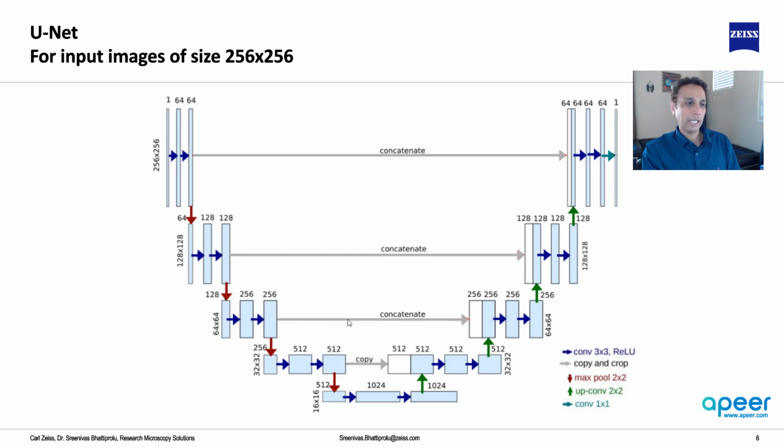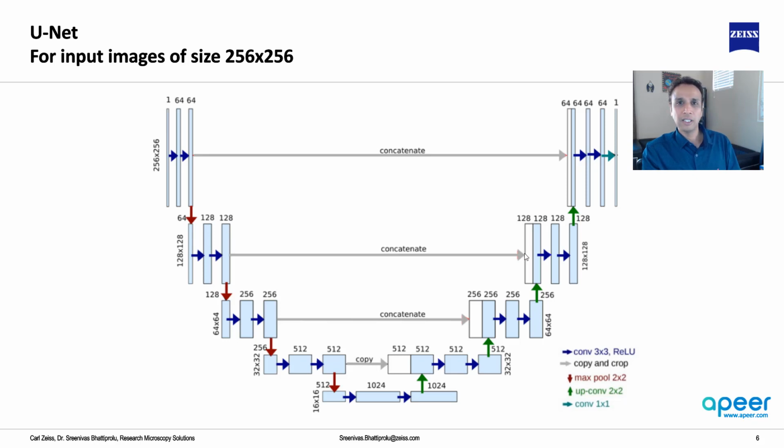Now, where does the concatenation come into the picture? Let's look at this because it's not too busy up there. After this operation, you have 128 features; from 256, you're going to 128. But then we are adding the 128 that are coming from here to these.